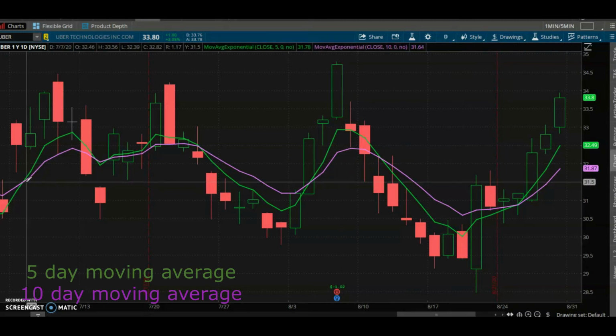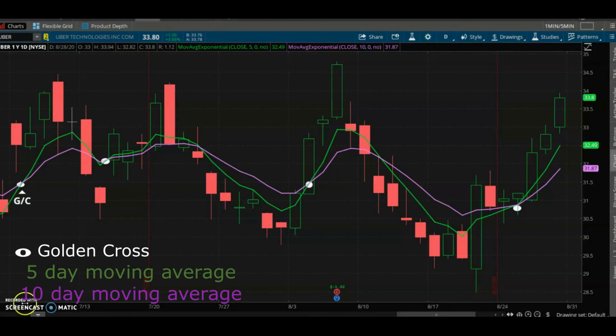And we have several golden crosses here. We can see when the 5-day moving average crosses over and above the 10-day moving average, this is what we call the golden cross.